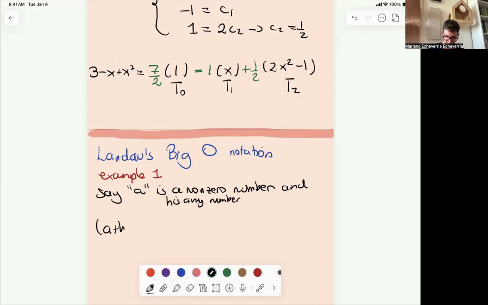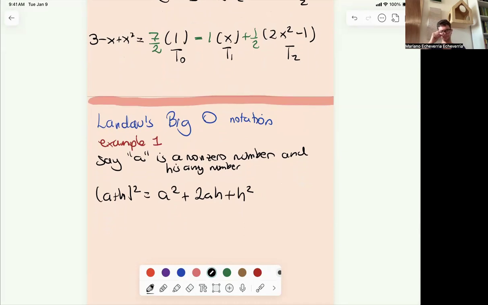So what is (A + h) squared? That is something that you have done all the time. It's A squared plus 2Ah plus h squared. That's not too bad.